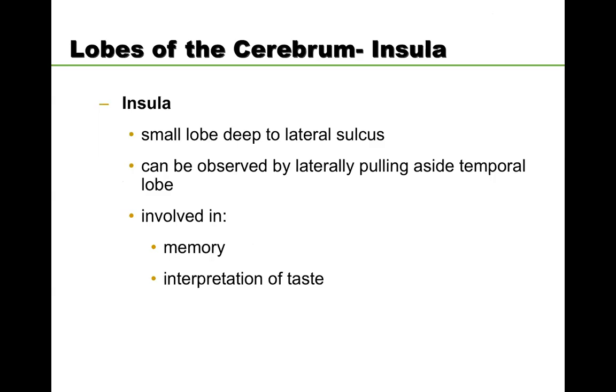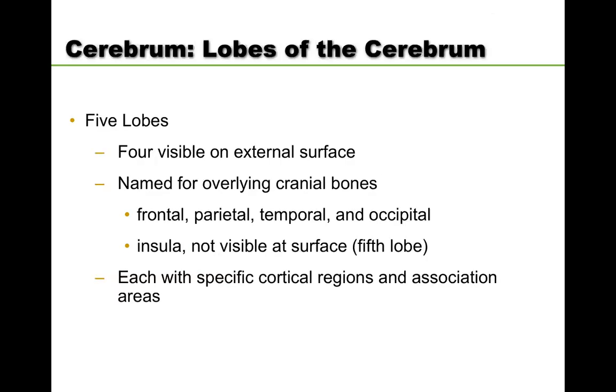And the insula, which lies deep inside, is mainly responsible for memory and interpretation of taste. So just to recap, there are four visible lobes and one inside, the fifth lobe, the insula. The four lobes are frontal, parietal, temporal, and occipital. Okay, so the four of them.